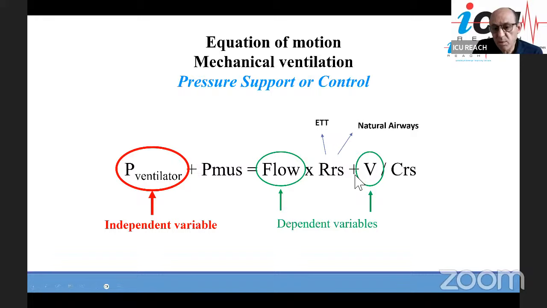So those will be variable as the resistance and compliance are changing. And of course, the patient will be able to breathe, and if he's contributing to the pressure generation on this side, that will affect directly the flow and the volume. So if the patient starts to breathe, he will have more volume delivered because the pressure is fixed.